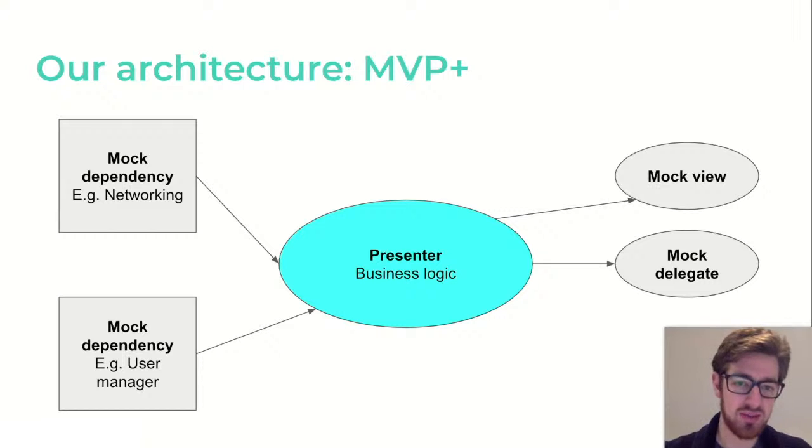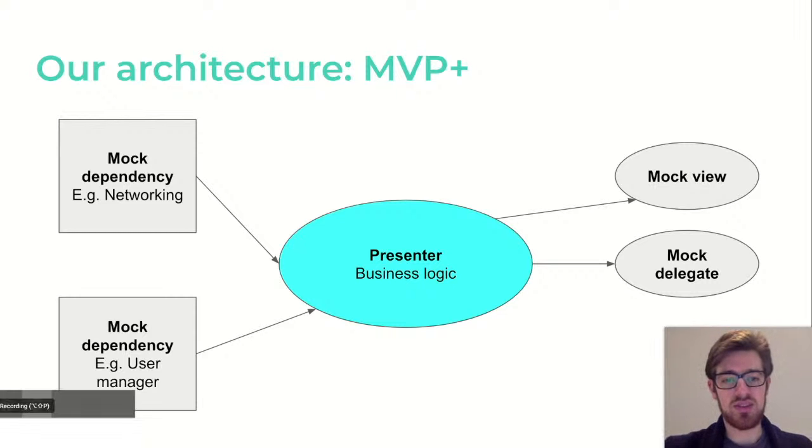We don't want to be testing views and how they behave. We don't want to be performing real networking requests to the backend. We don't want to be getting involved with storing data or retrieving data from databases, Core Data, user defaults, whatever it is. We just want to focus on testing that logic.